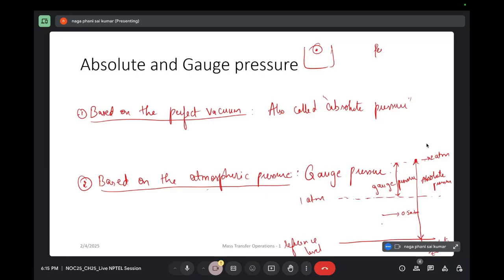This was measured with respect to perfect vacuum, so this is also absolute pressure, and this difference will be gauge pressure, or with respect to atmospheric pressure, and this will be a negative value, negative gauge pressure.